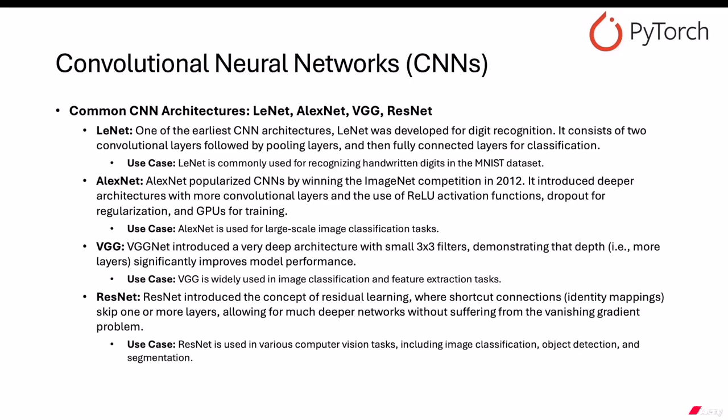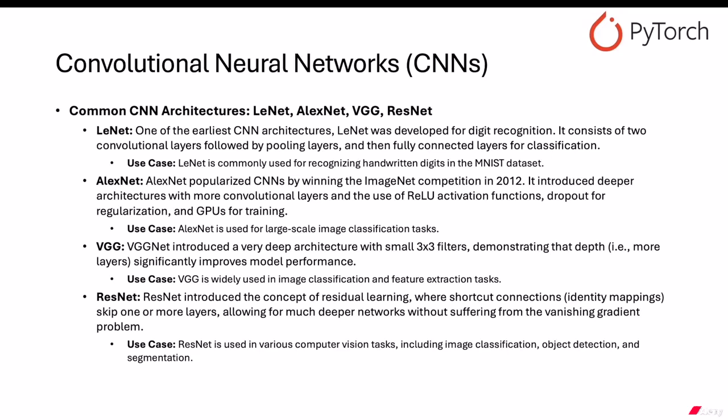One of the earliest CNN architectures, LeNet was developed for digit recognition. It consists of two convolutional layers followed by pooling layers and then fully connected layers for classification. Use case: LeNet is commonly used for recognizing handwritten digits in the MNIST dataset.